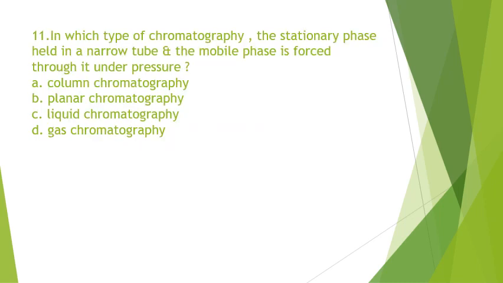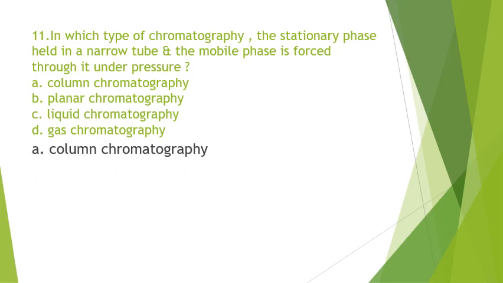MCQ number 11. In which type of chromatography is the stationary phase held in a narrow tube and the mobile phase forced through it under pressure? Option A, column chromatography; option B, planar chromatography; option C, liquid chromatography; option D, gas chromatography. And our correct answer is option A, column chromatography.